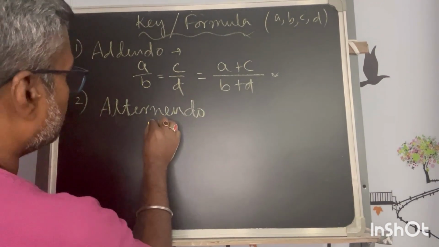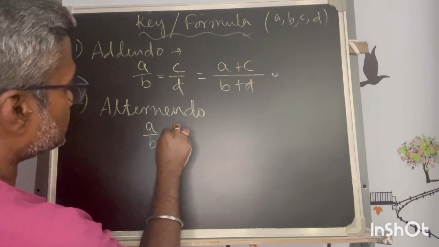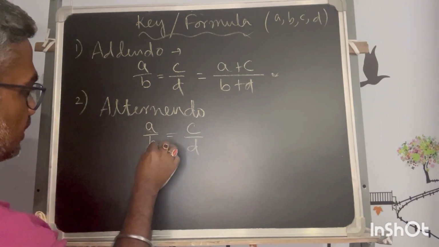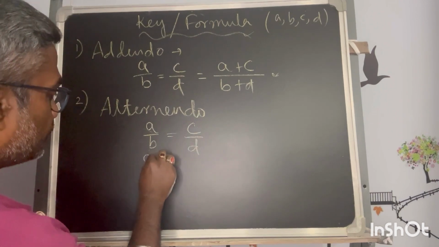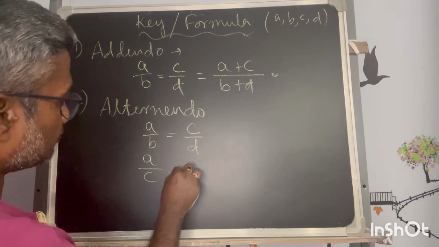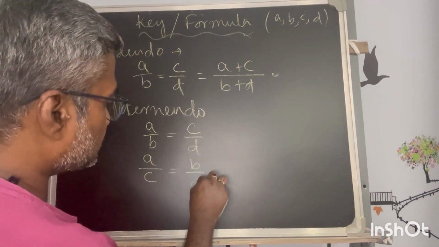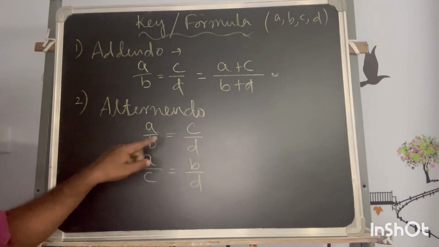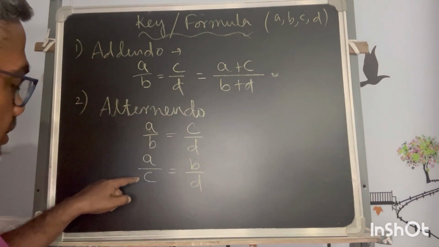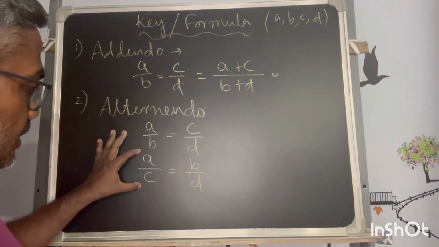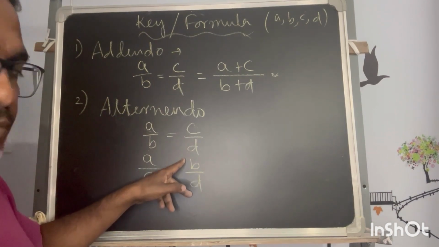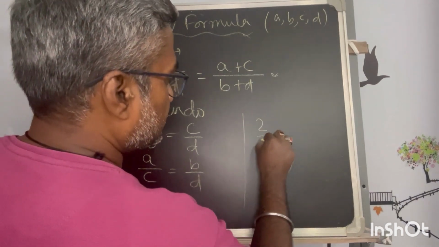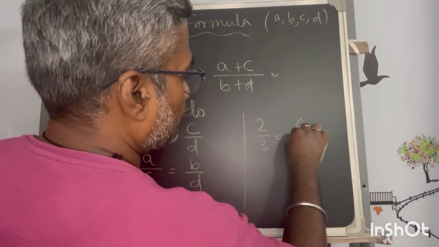In this, if a by b is equal to c by d, then we can bring c here and b there, and whatever the new formation will come, this formation will be equal. Now if c has been brought here, so now the ratio between a and c will be equal to b by d. How come? If I take some example, 2 by 3 is equal to 4 by 6.